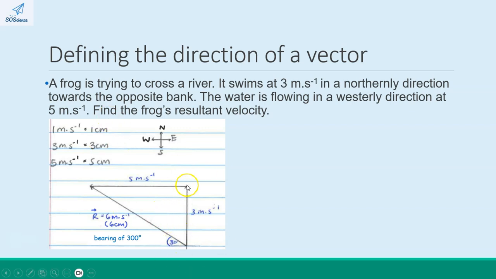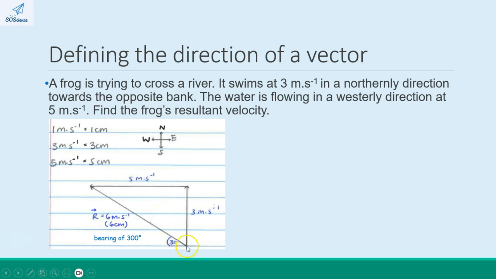I then attach the 5 meter per second vector to the head of the 3 meter per second vector, starting at the tail of the 5 meter per second vector. I must use a protractor to make sure that this over here is exactly a 90-degree angle, because the angle between north and west is exactly 90 degrees. Again, that is key for accuracy.